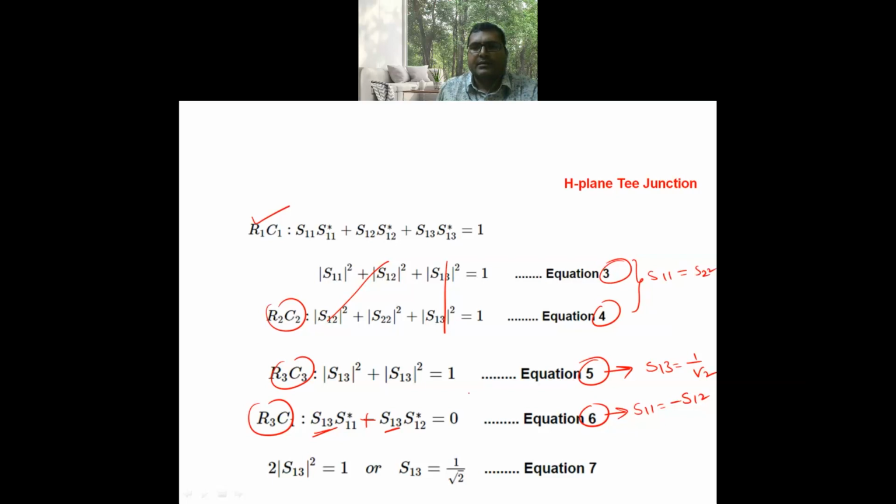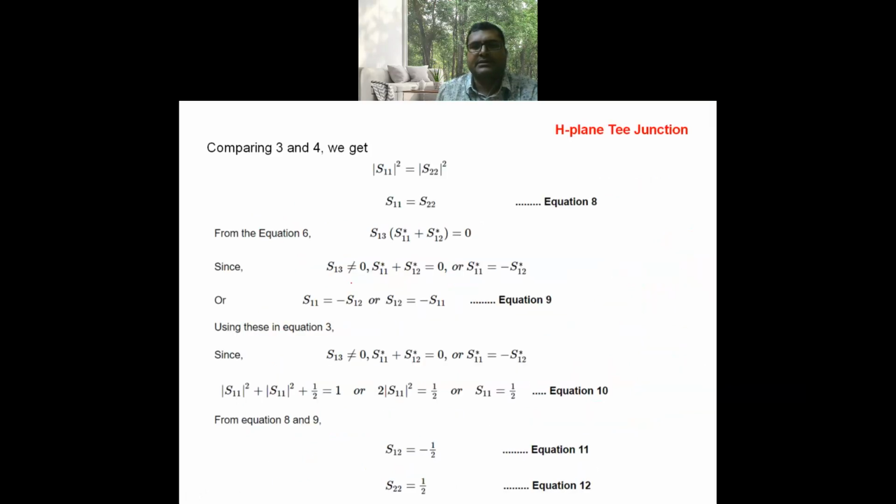And by substituting all these subsequent equations in equation number 3, means here you substitute this equation and this equation into equation number 3, and further after simplification we get the S matrix parameters as shown.